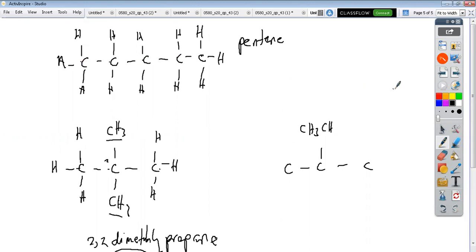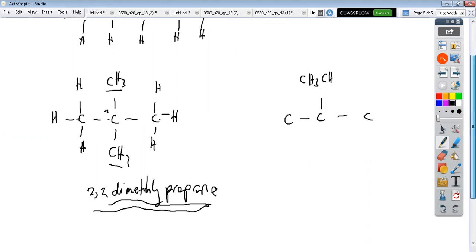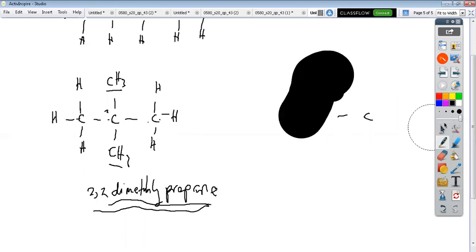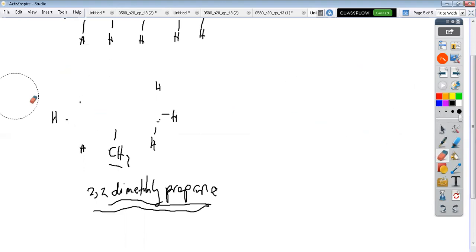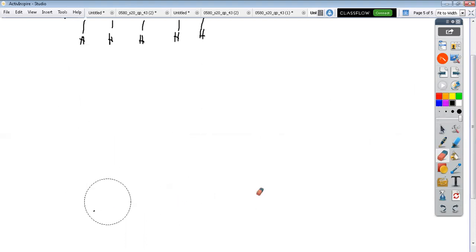This is not correct here. Sorry about that. 5 carbons. Can we have 2 there? It's not correct, but these are 6 carbons. 1, 2, 3, 4, 5, 6. Okay, I see that it's not possible. Sorry about that. Remember, we're talking of a 5 carbon chain. So we can't have 6.